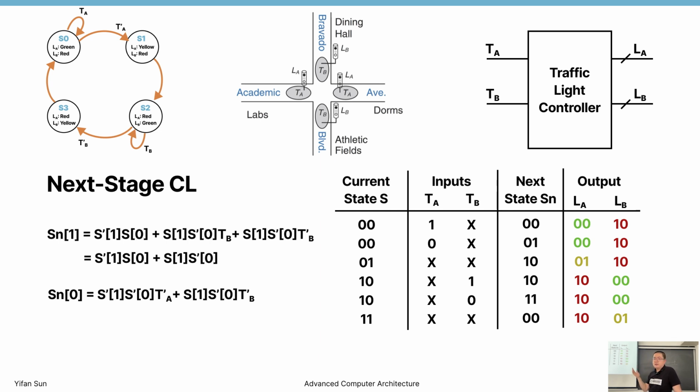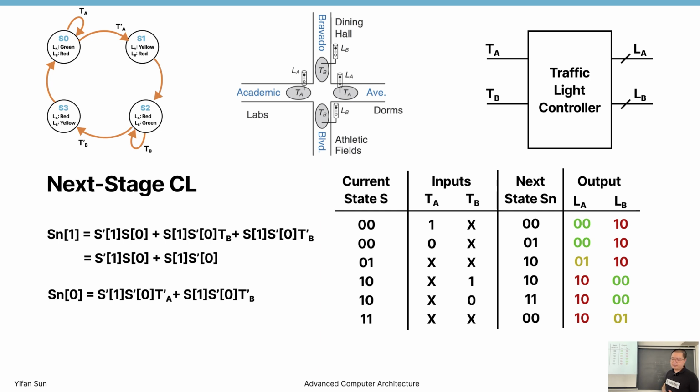It's very easy to check and find that this TB and TB prime can be taken out and cancelled, right? We have done this a lot last time. So it's basically S1 S0 prime. So we get this. So TB doesn't matter at all.